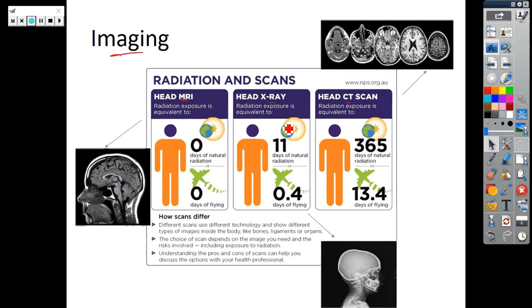We just talked about X-rays a little bit. Now, a CT scan, a lot of times what people will call a CAT scan, is a lot of radiation exposure. You'll notice in these pictures, it's comparing it to days of flying.